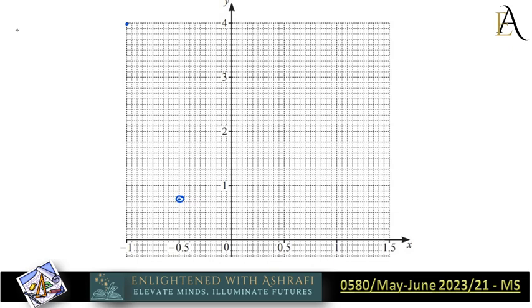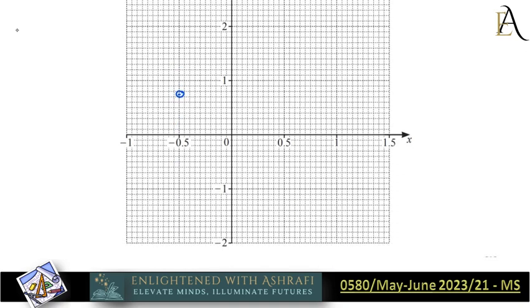Then for 0 we have minus 1, and for 0.5 we have minus 1.25.